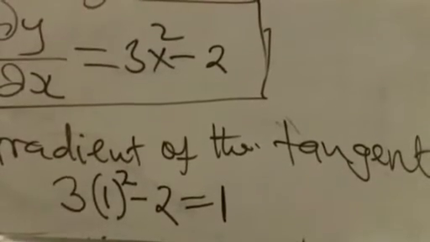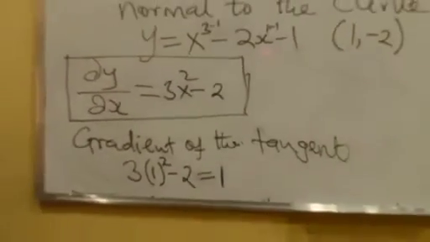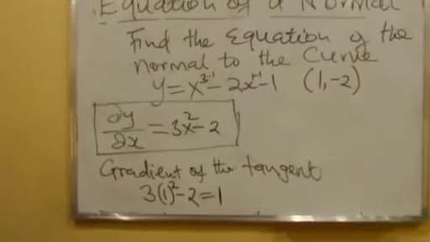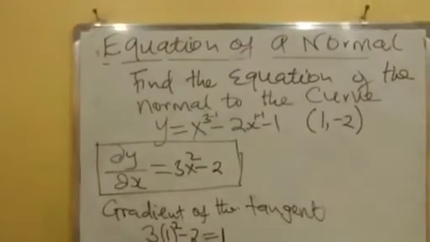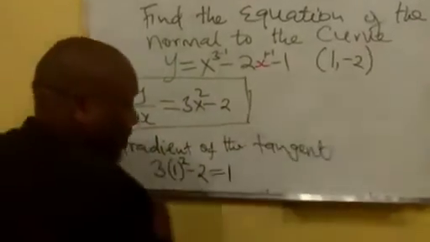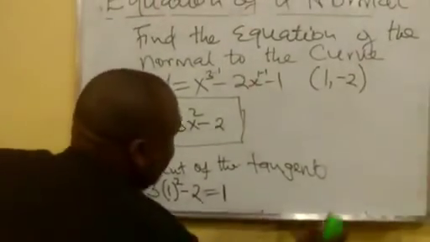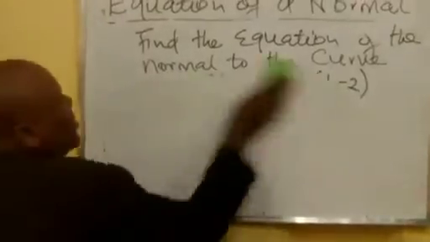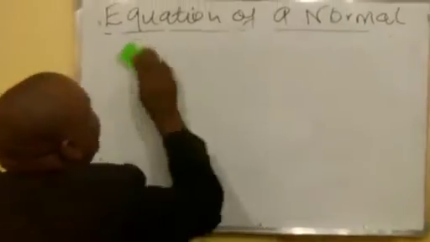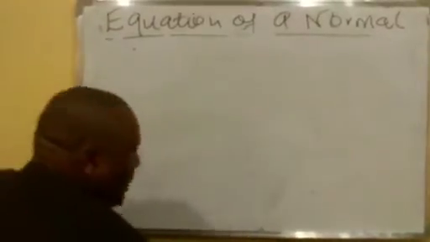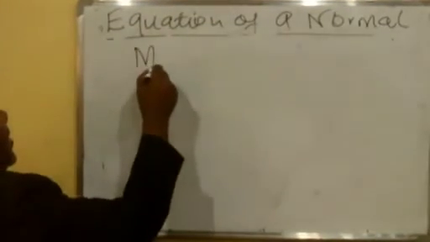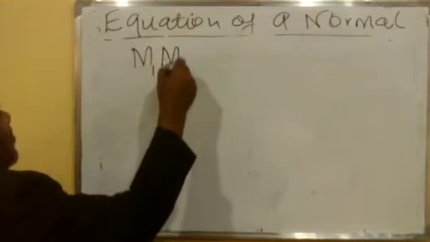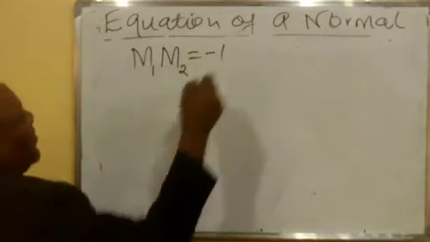Then we proceed, because now we know the gradient of our tangent, to get the equation of the normal. So here m1 multiplied by m2 should give us -1.